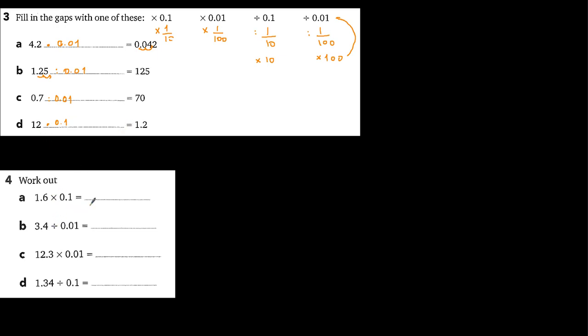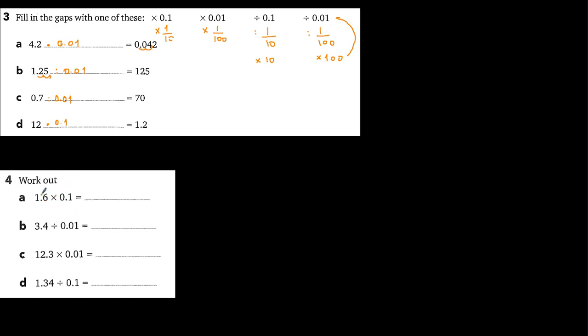Here what we are going to do, we are going to multiply. As I said, when we multiply, we are going to move the decimal point to the left side. When we divide, we are going to move the decimal point to the right side.